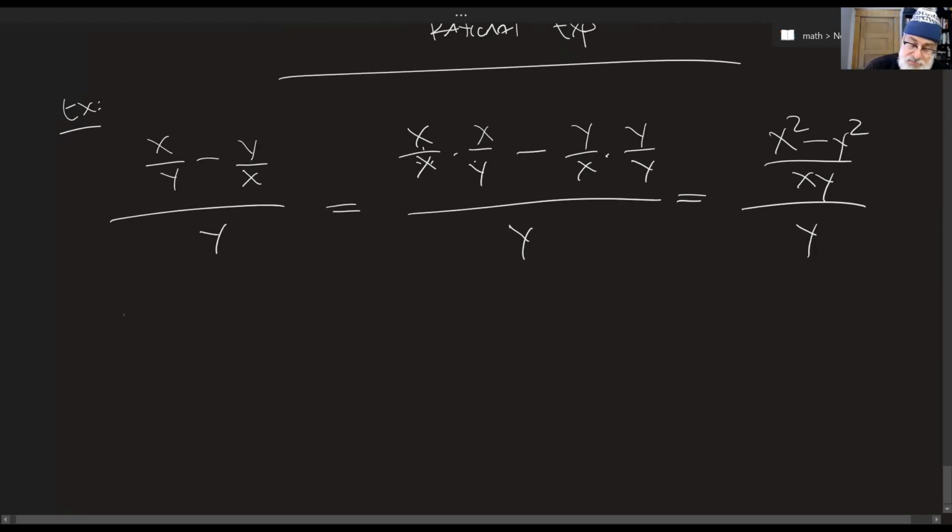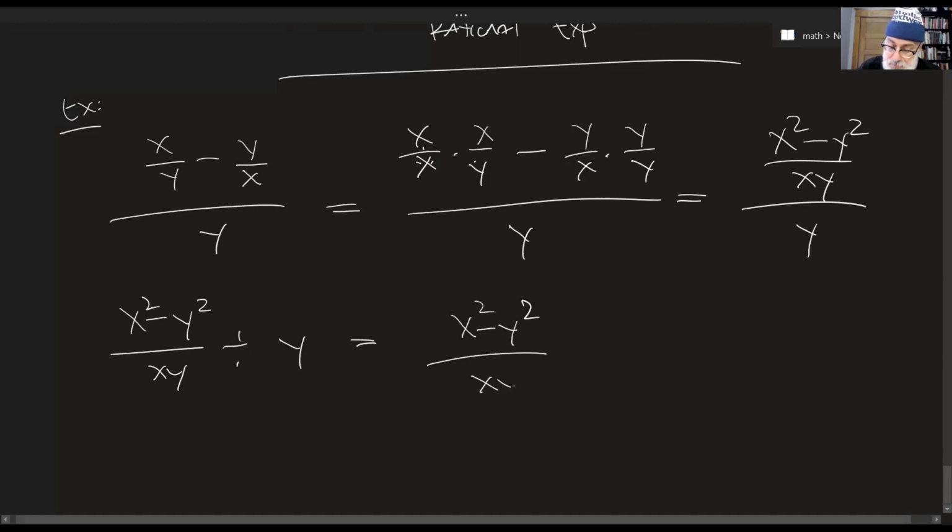But remember, this is a division. This is x squared minus y squared divided by xy, divided by y. So we can write this as a reciprocal multiplication where we have x squared minus y squared divided by xy times 1 over y. And now we just multiply the tops and the bottoms. So x squared minus y squared times 1 is just x squared minus y squared.